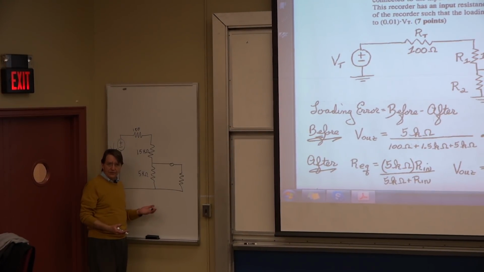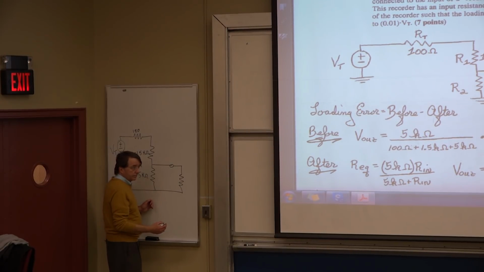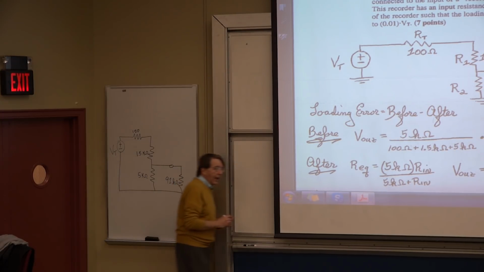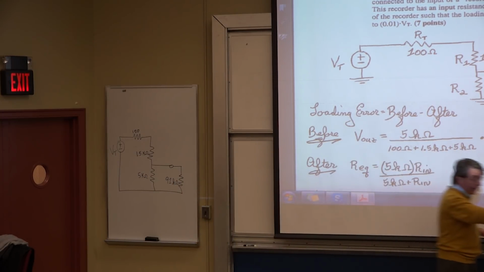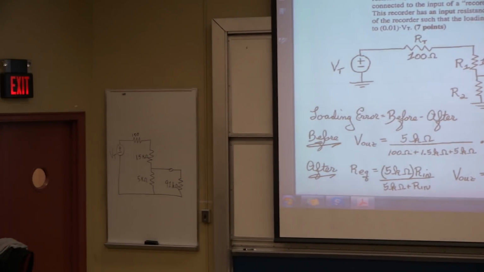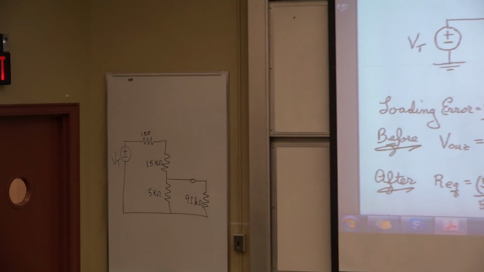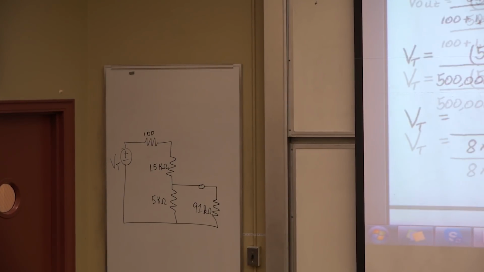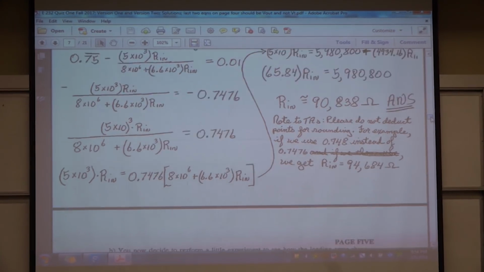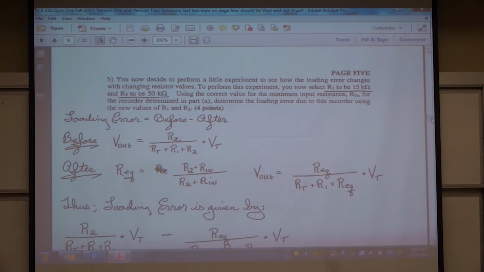About 90,000? Around 90 or 91K. Is that correct? Okay. And that gave us a certain loading error, right? That gave us a loading error of 0.01 VT. And it was like 91,000 to 94,000. Okay, now, help me out.